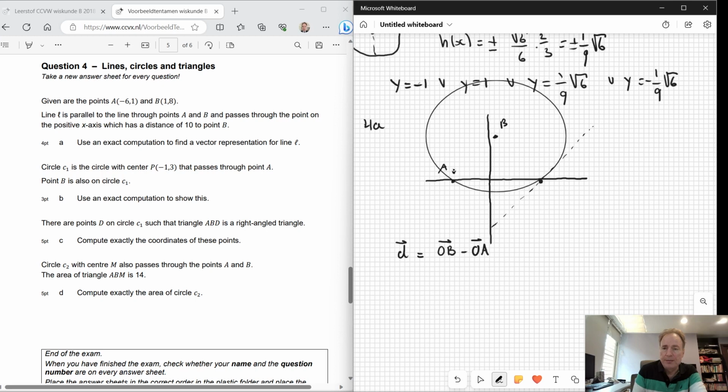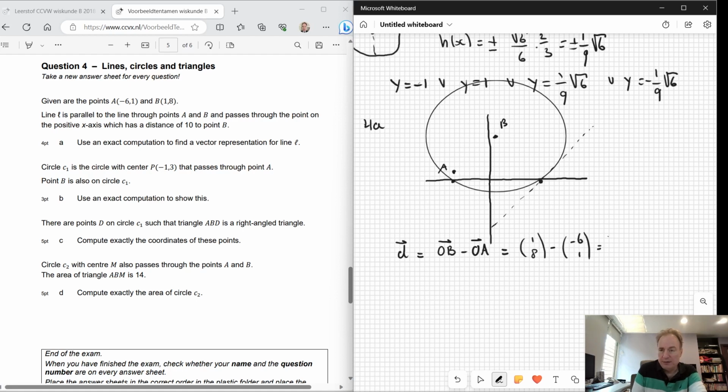That's basically the vector going from A to B. So this is 1, 8 minus negative 6, 1.